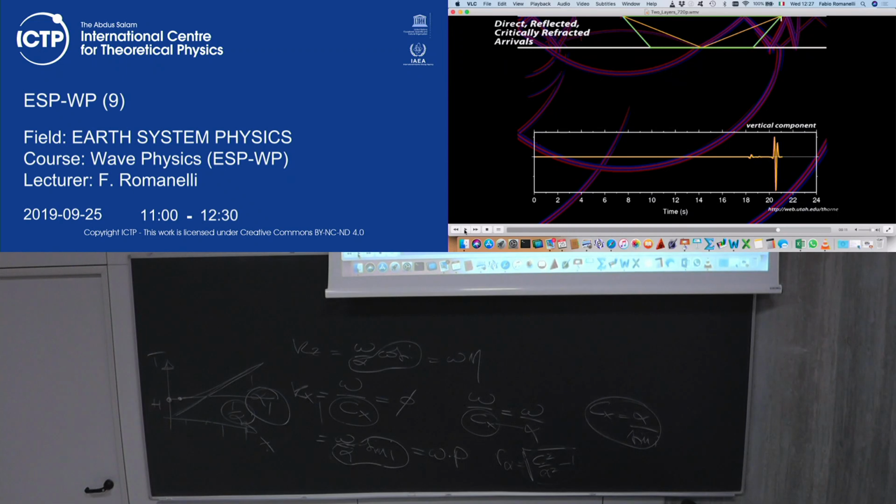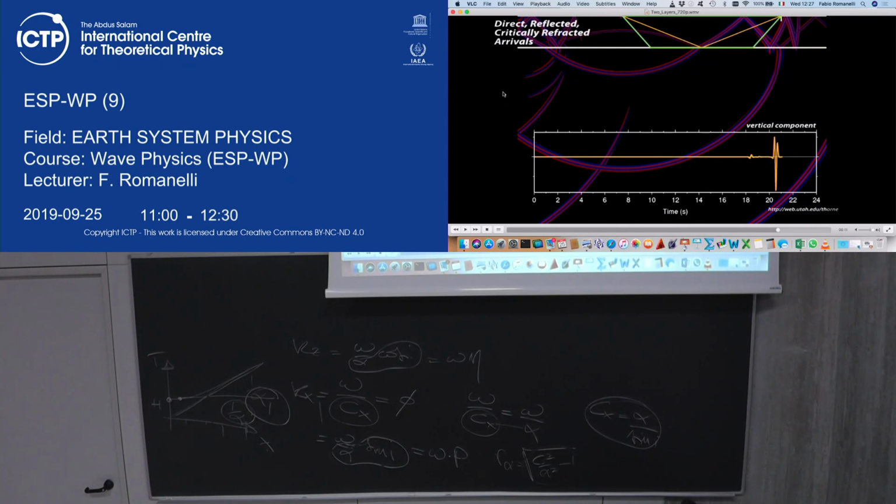Look at the, sorry for the word, mess of waves that we can have just considering one wave field, pure S, in this very simple system. Now, thinking in terms of rays, it's simplifying life.